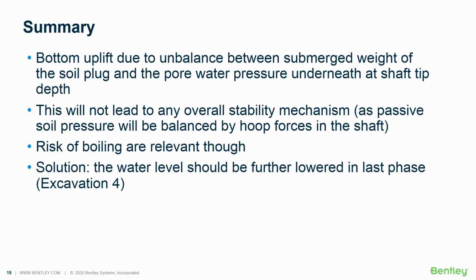And the solution that we have adopted here was to further lower the water pressure in the last phase. So it's phase 4B. So I am done with this presentation.